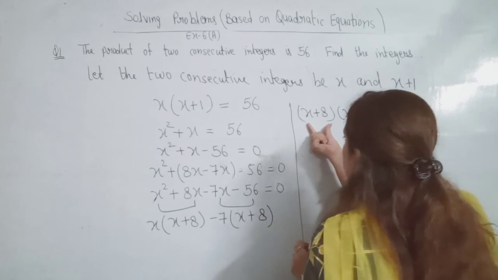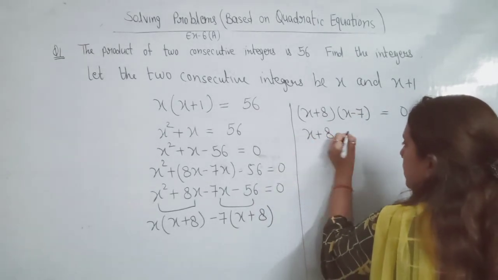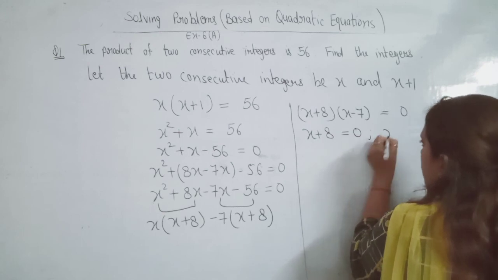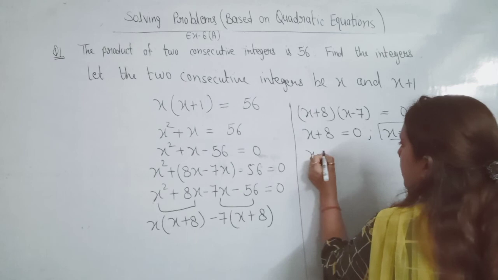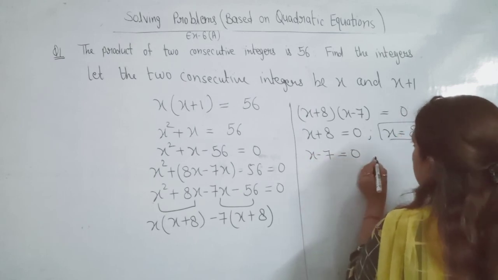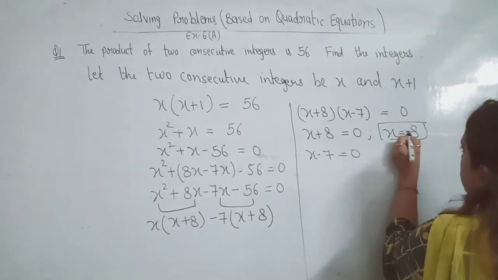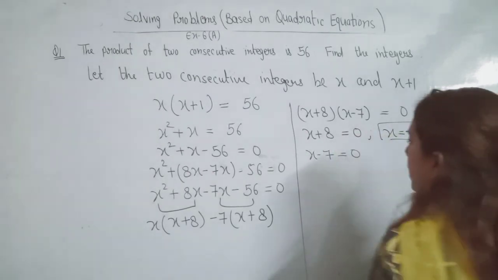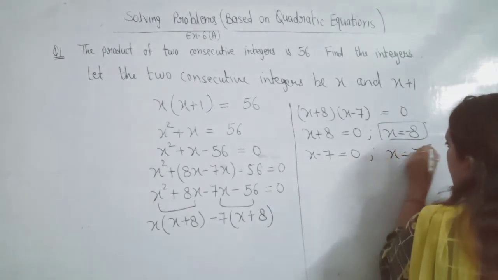When we equate x plus 8 is equal to 0, the value of x is equal to minus 8. And when we equate x minus 7 is equal to 0, then x is equal to 7.